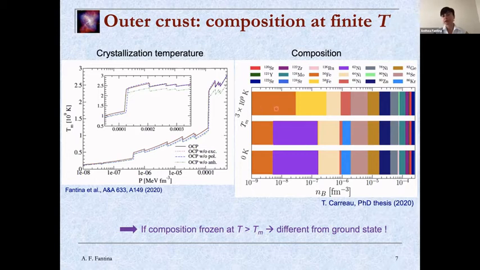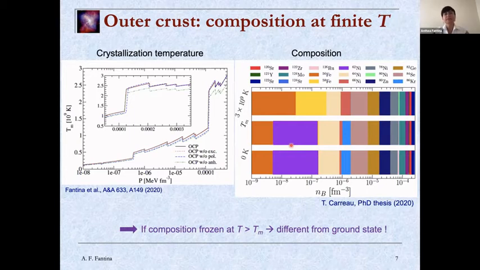However, if you think that the composition freezes at a higher temperature, say 3 times 10^9 Kelvin, then differences can appear, which means that if the crust is frozen above the crystallization temperature, the composition can be different from the ground state one.